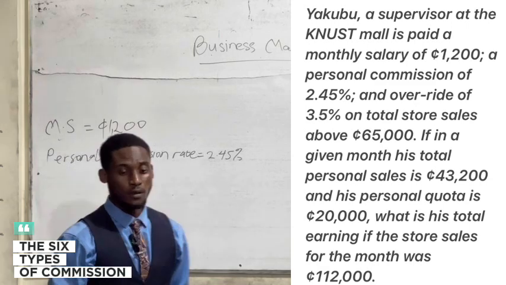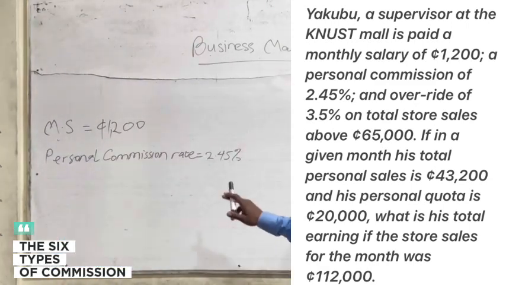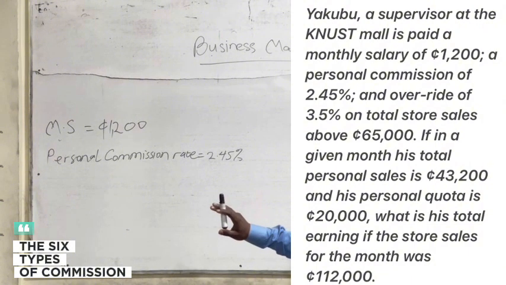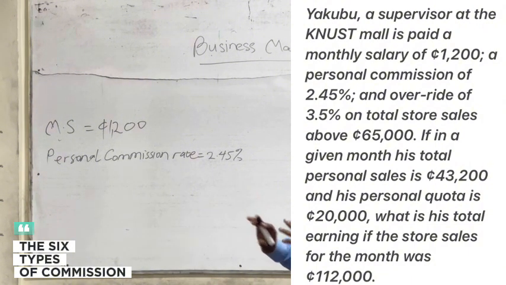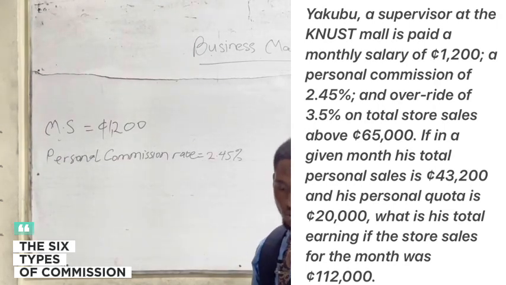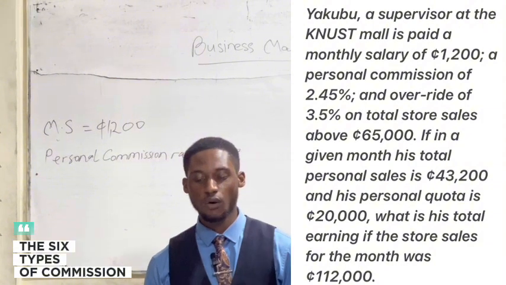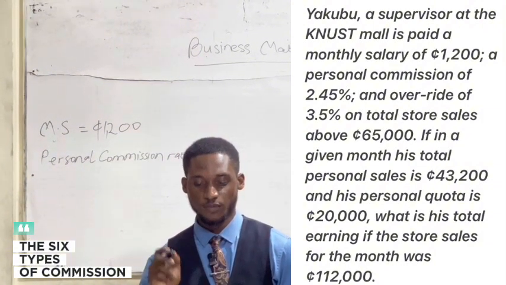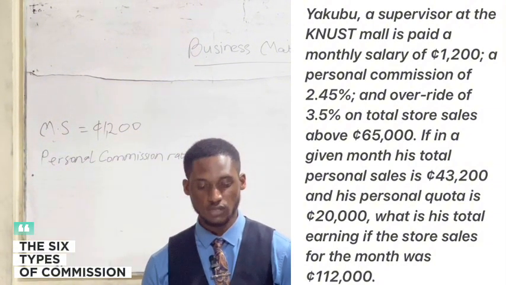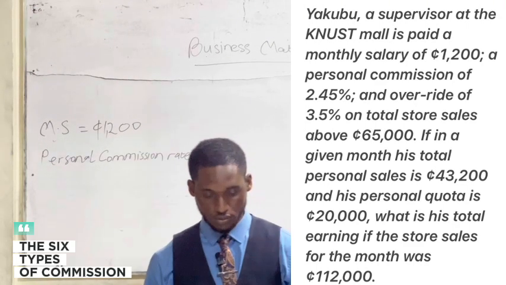So when it comes to override commission, that's where you see personal commission, the personal quota and the others. It says a personal commission of 2.5% and override of 3.5% on total store sales above 65,000.